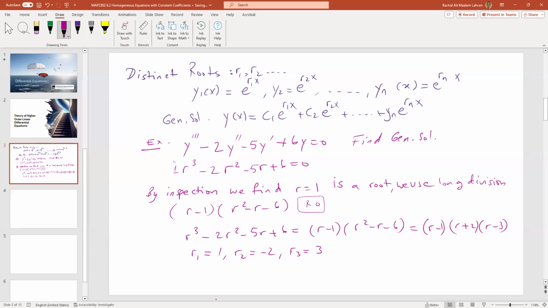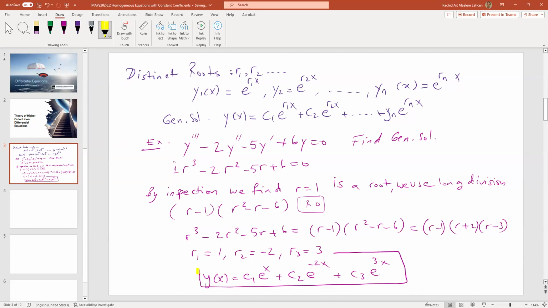And now you can just set up the general solution using arbitrary constants, with e to the 1x, negative 2x in the exponential, and so on. Okay, so it's not bad.